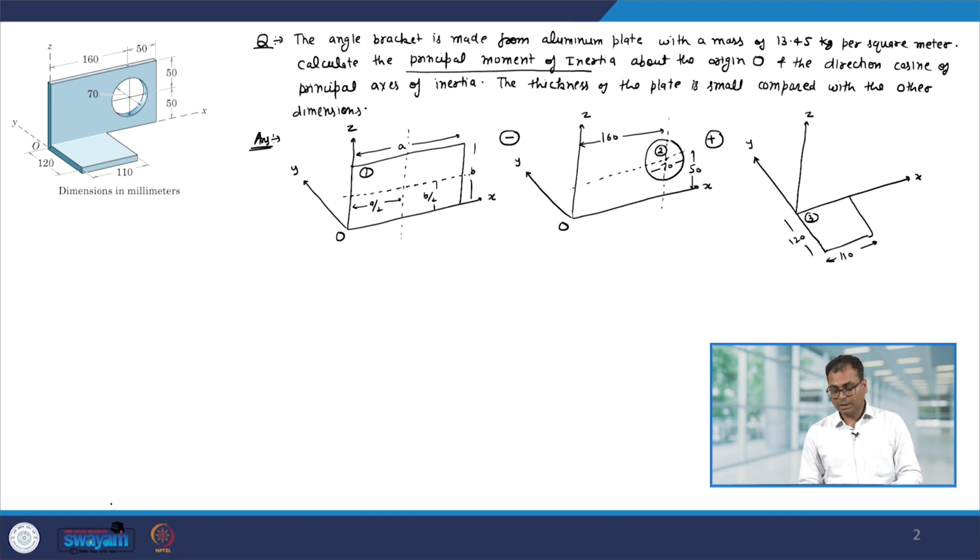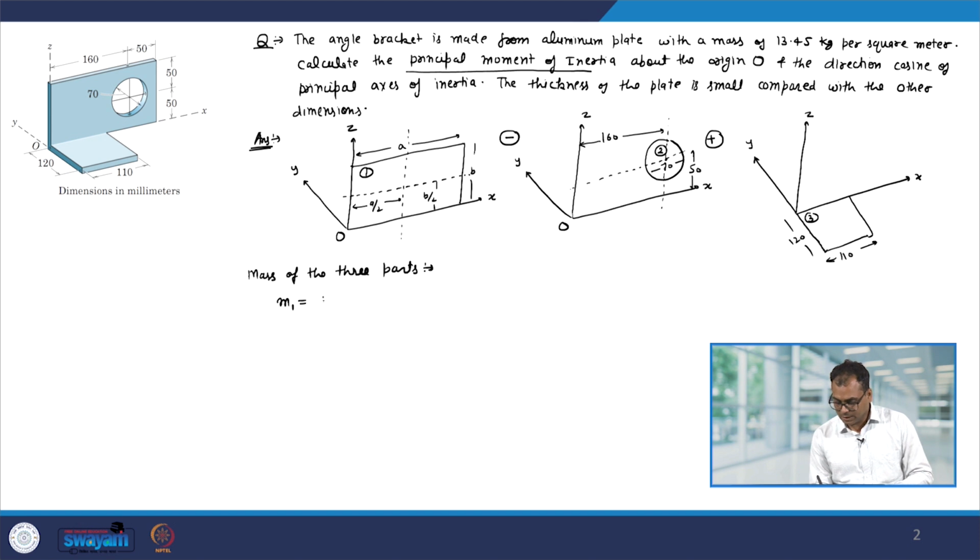For that, we need to know the moment of inertia and product of inertia of all these three parts. For that, let us first look at the mass of the three parts. For the first part, let us say the mass is m1. That will be density multiplied by the area.